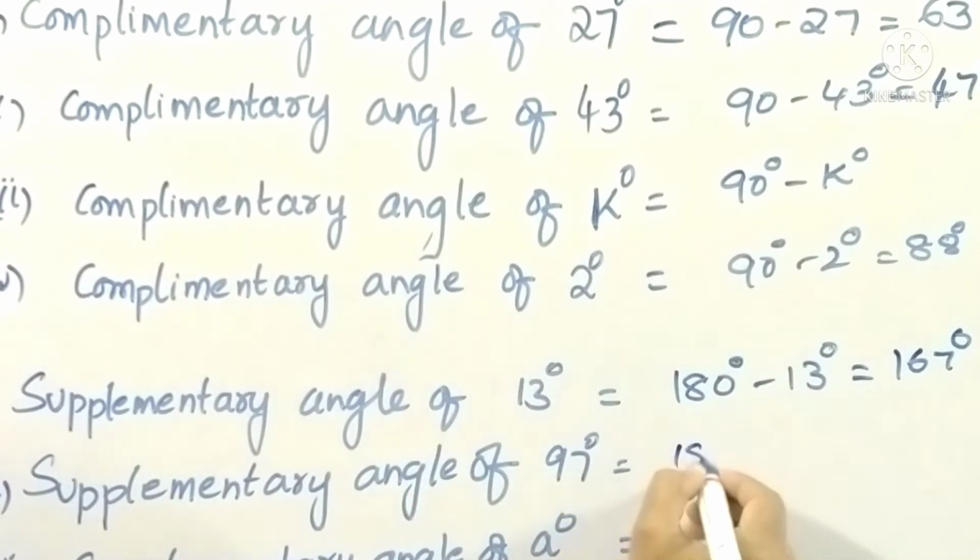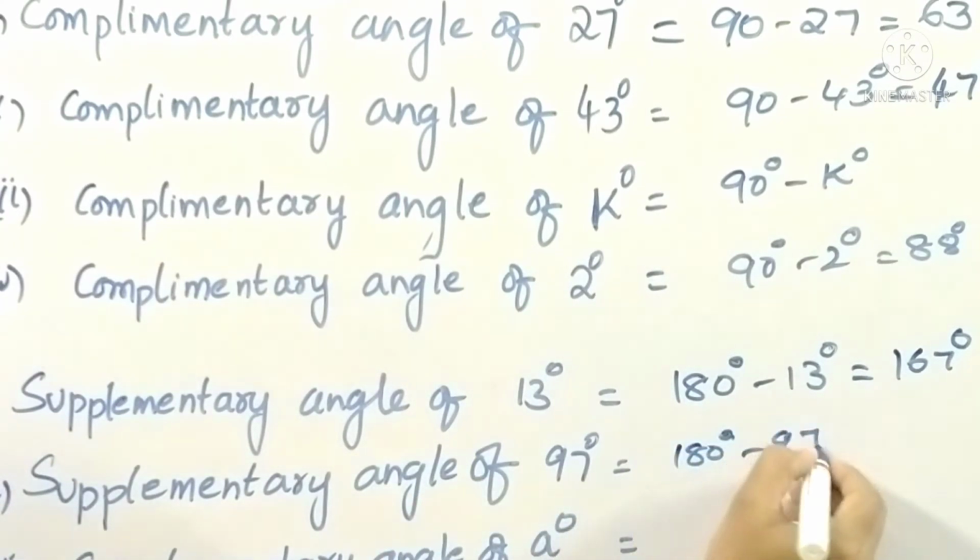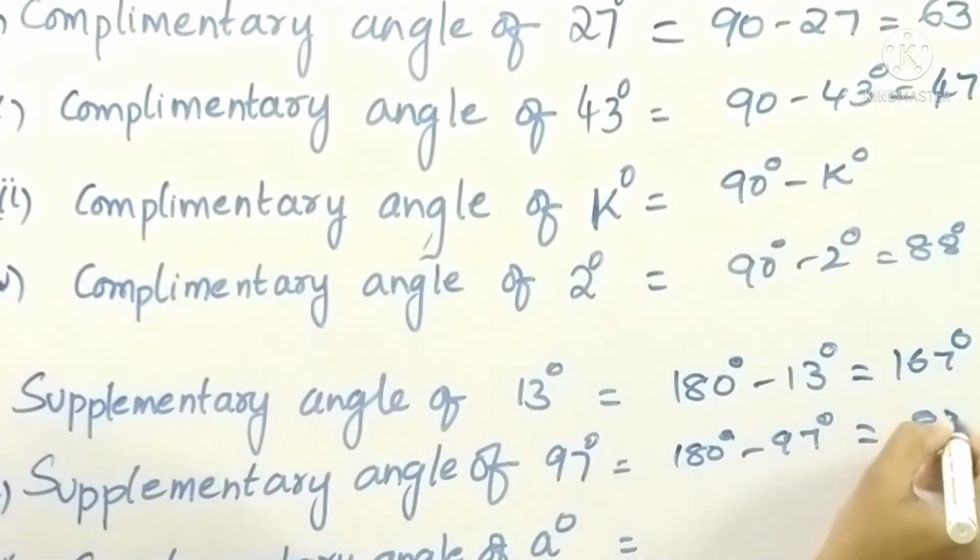Now 180 minus 97. 180 minus 100 is 80. We took 100 for 97, which means we subtracted 3 extra, so we must add it back. So 83. I think you are understanding the subtractions, guys.